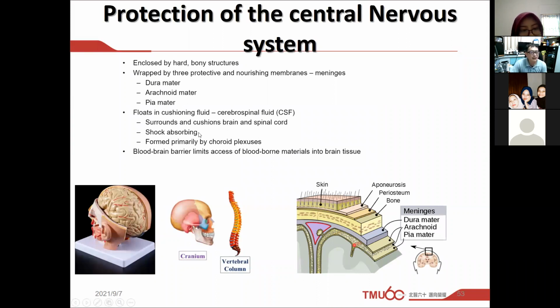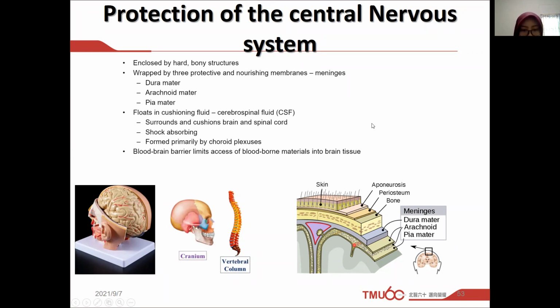Now later on, there are different structures. I believe the four structures are very important for protecting our CNS. I told you, right? The neurons in our brain or spinal cord are fragile. They are easy to get damaged, and the damage is not reversible, it cannot be recovered.